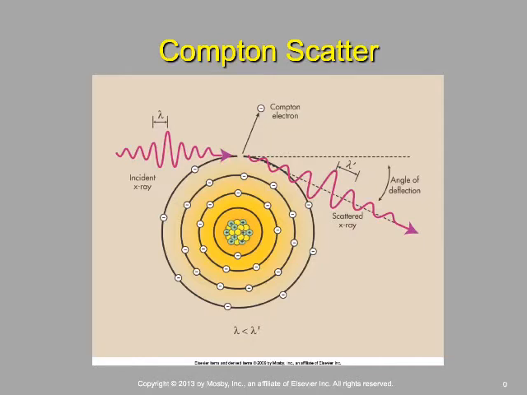The degree or angle of deflection for the photon is going to directly determine the amount of energy that the photon has. Right? So its resulting energy is related to the binding energy of the electron it interacts with, so it will ionize the atom, and then it's going to go off in a different direction. And the angle of deflection and the ionization process are what are going to determine that photon energy.